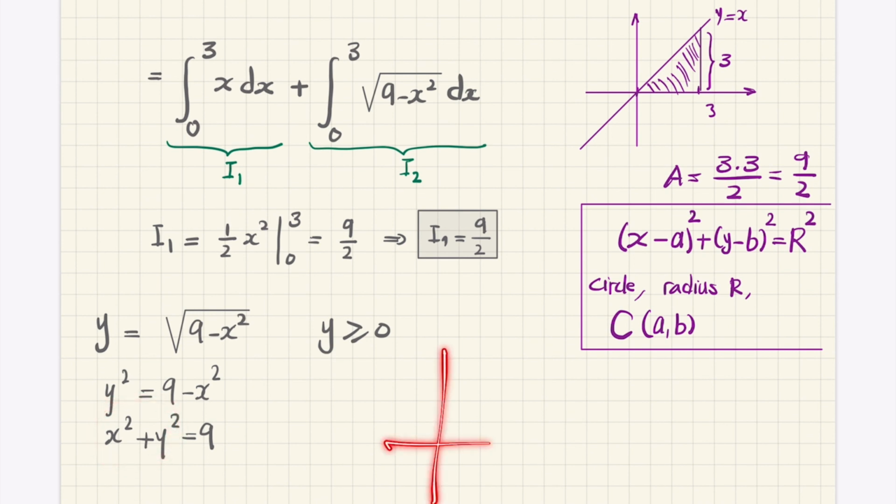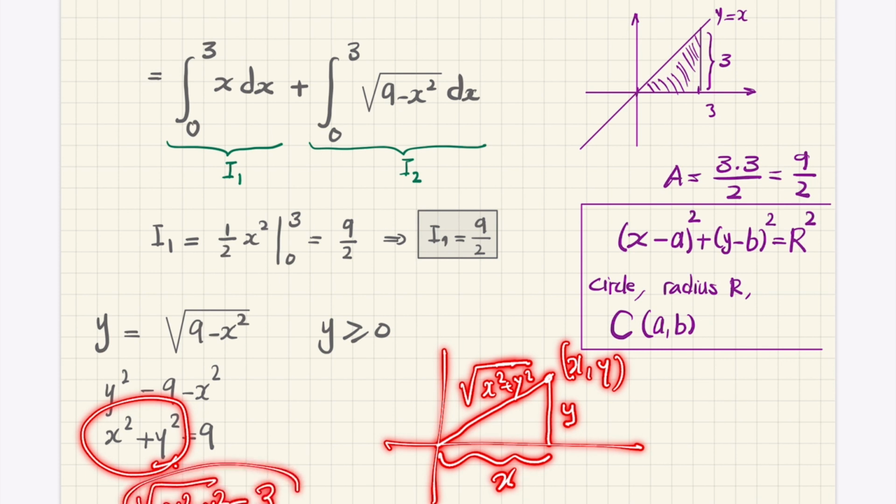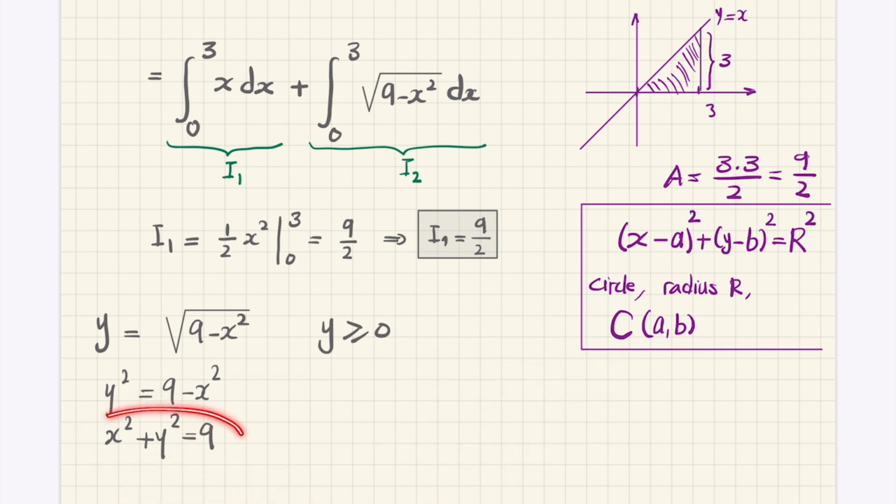If I have a point with x and y coordinates, this is y, this is x. What is x squared plus y squared? This is the distance to the origin. Yes? So this tells you that the distance to the origin should be equal to 3. So this equation is interpreted in this way: the distance of my point to the origin is equal to 3.